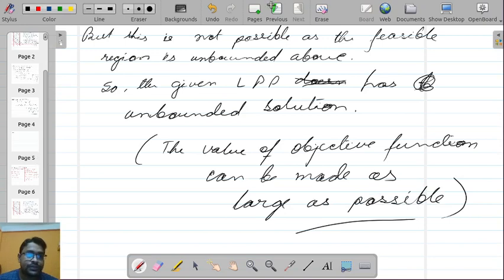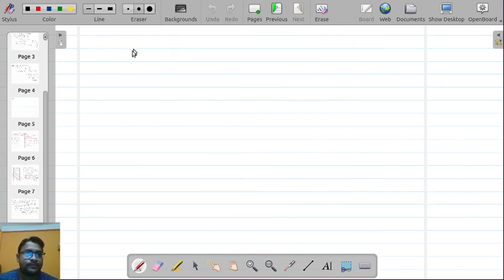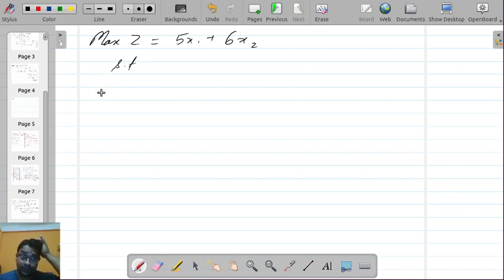So let us try another problem where we will take something different. Solve this. Say maximize z equal to, let us try with the same function only, 5x1 plus 6x2 subject to. Now I'll change the diagram a bit, so that we can get some idea.